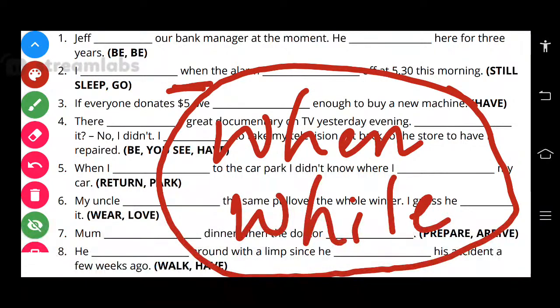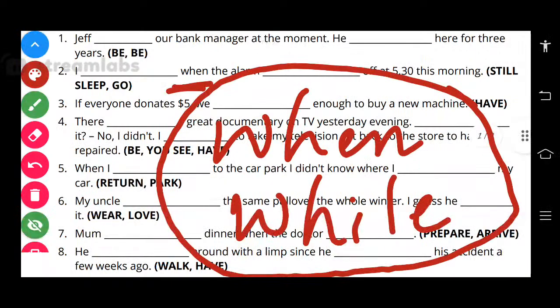When we learned about the clause and its analysis, we learned all these things. So when this term has come to you, the very next thing you have to think of is that it is talking about two actions. Out of those two actions, one action was going on, one action was completed.